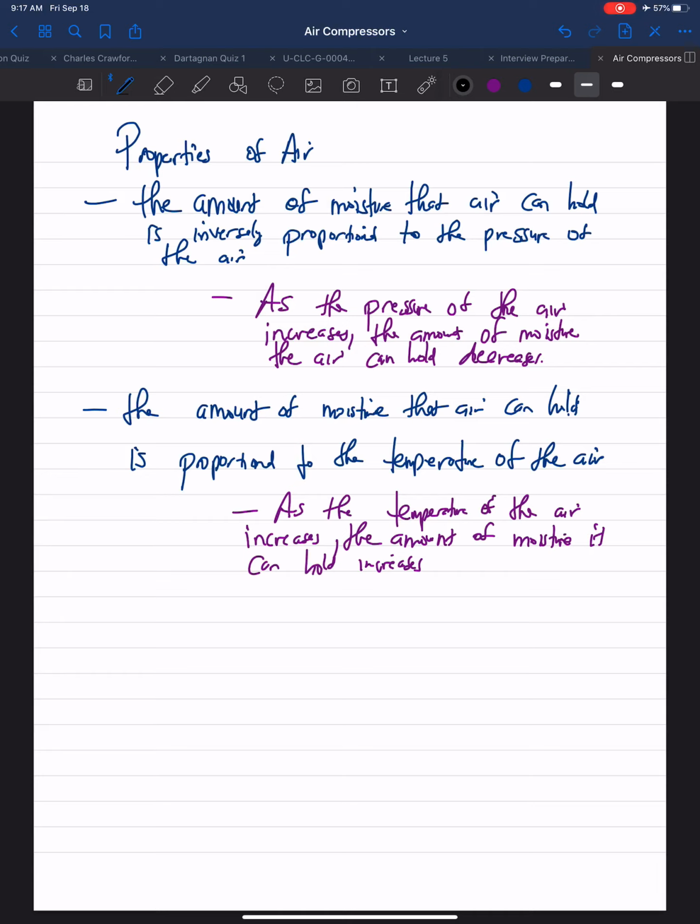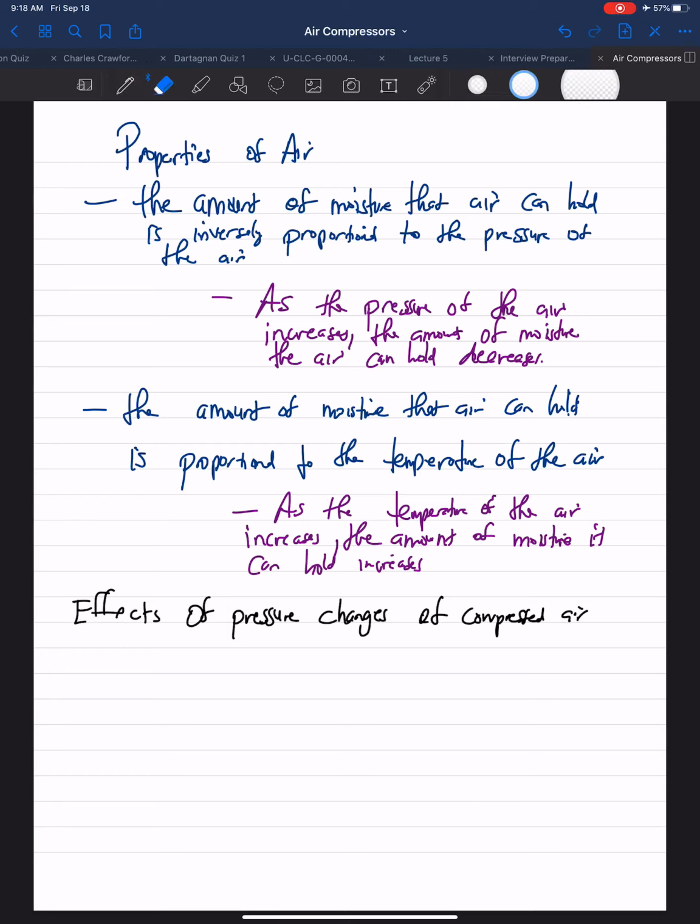However, the effects of pressure changes of compressed air is larger than the effects of temperature change of compressed air.